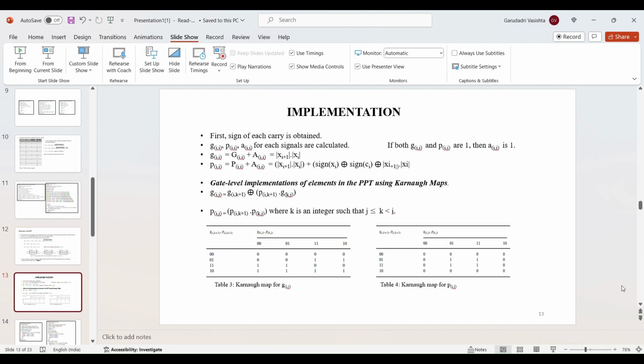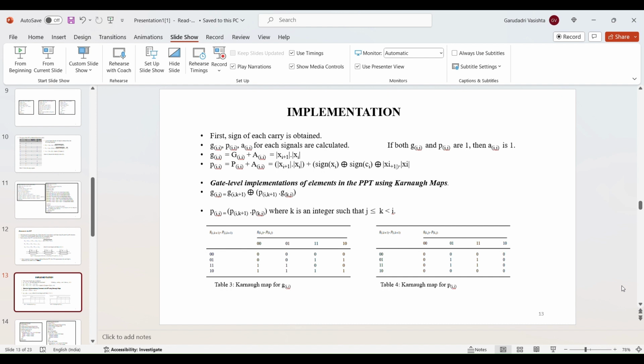Now the next module is the implementation of each and every block. In this implementation I am using lowercase characters. This is the gate level implementation. In the pre-processing block we have calculated the carry signals, and these are the equations to implement them.